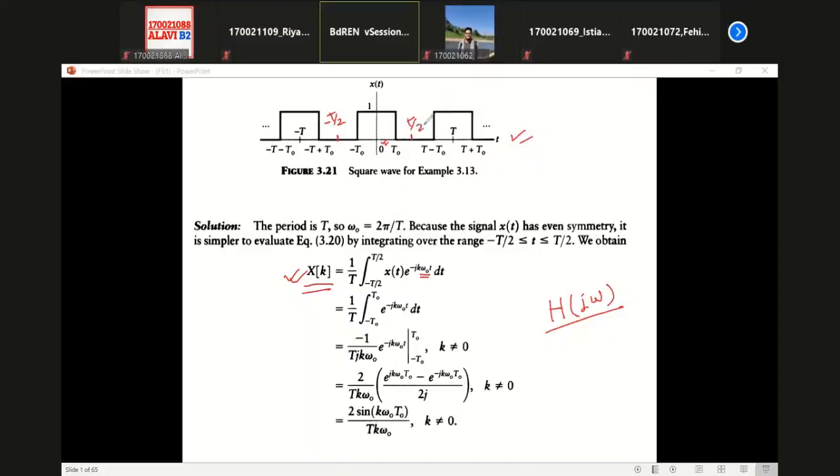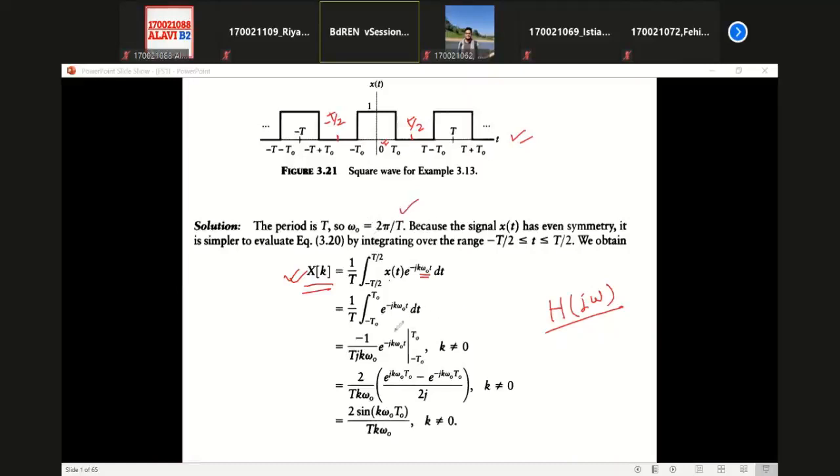Yes, sir, this is one period of your signal. If this is one period, then you need to integrate the value of x(t) over one period. We know that in this case the amplitude is equal to 1. So the value of x(t) is equal to 1, and omega 0 equals 2 pi by T.